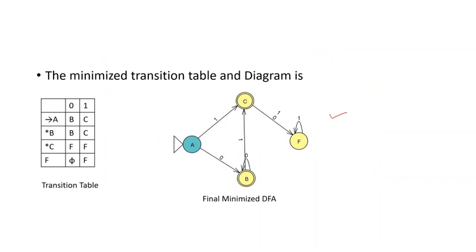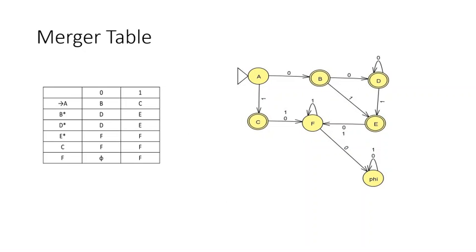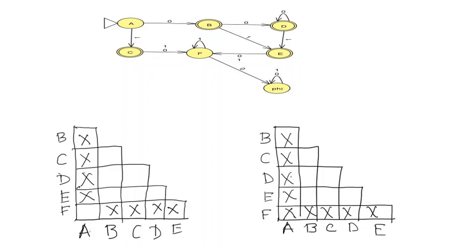The next method we will see is how we use the merger table. Again we use the same transition table and DFA. So the main approach here is that we have to create a table where we use n-1 columns.